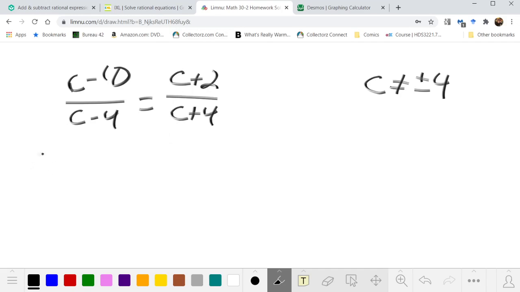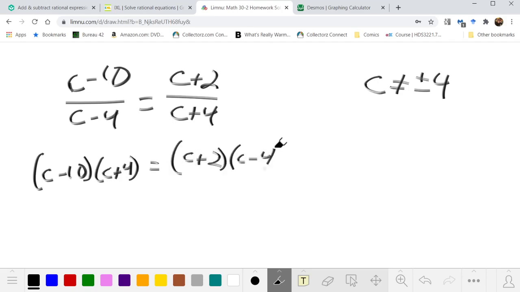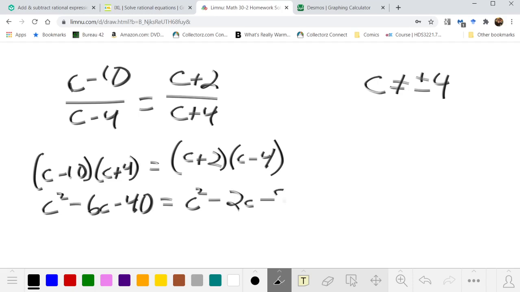We cross multiply: (C minus 10)(C plus 4) equals (C plus 2)(C minus 4). We multiply these out: C squared minus 6C minus 40 equals C squared minus 2C minus 8.